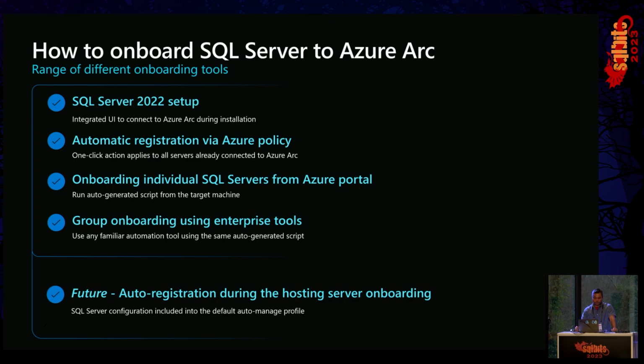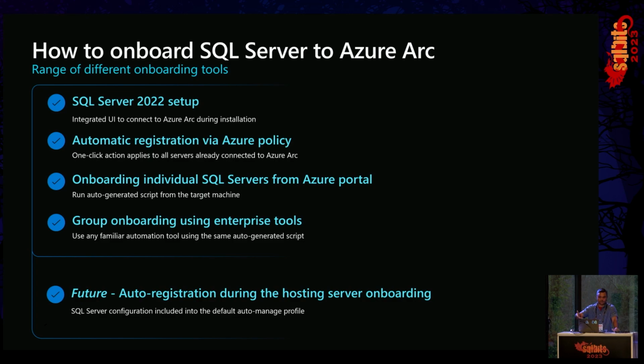So how do you onboard your SQL Server to Azure Arc? With SQL Server 22, it's part of the setup. So it's already built in, whether you use GUI or CMD, it's part of the setup. For older versions, you install the Arc agent manually on the Windows server and it recognizes and projects that SQL server. You can also use Azure policy to automatically detect these SQL servers, but the prerequisite to that is you have to Arc-enable the Windows server at least.